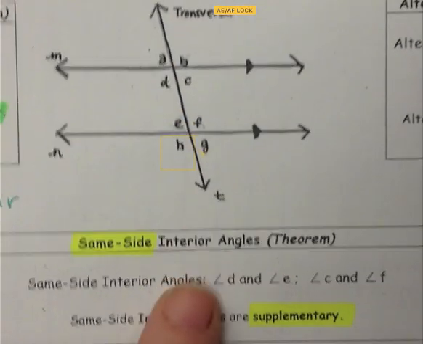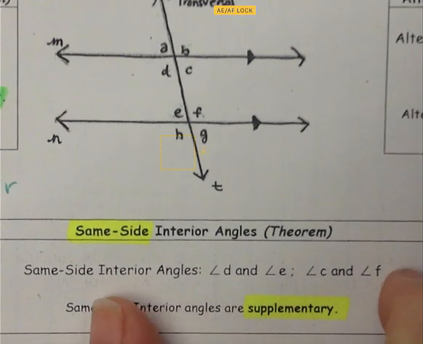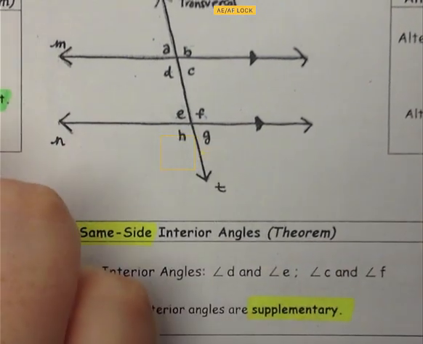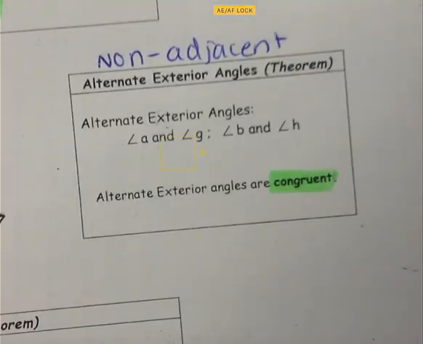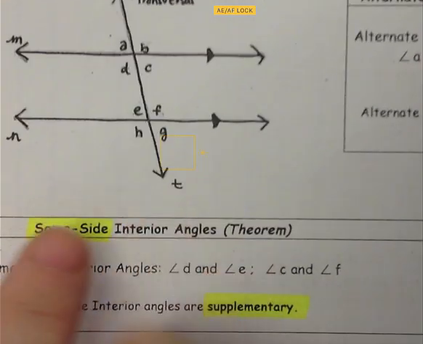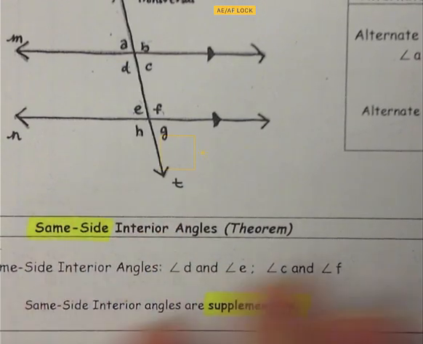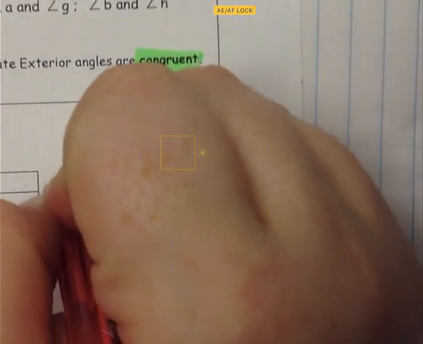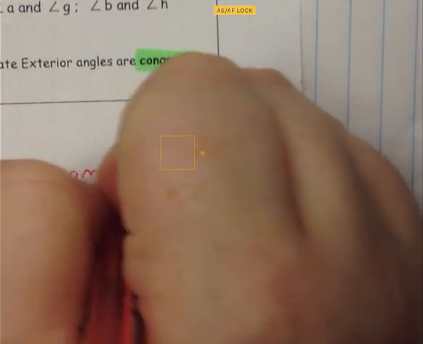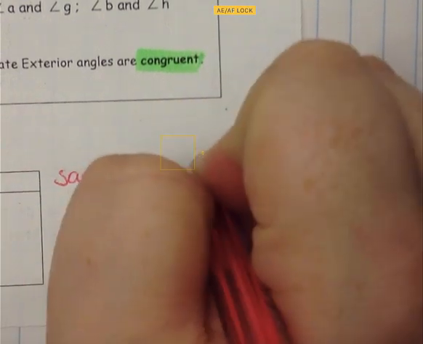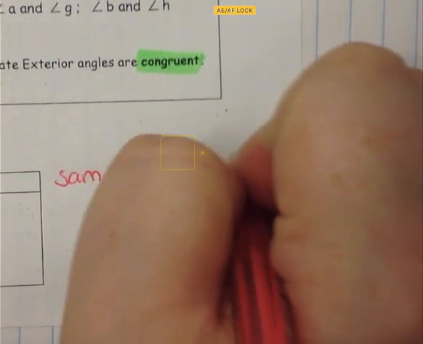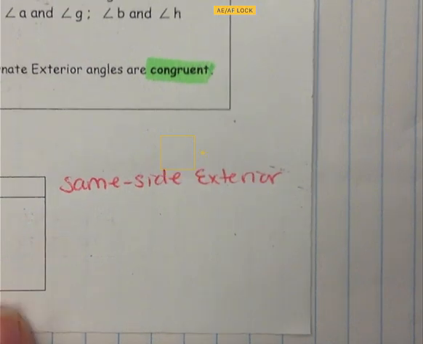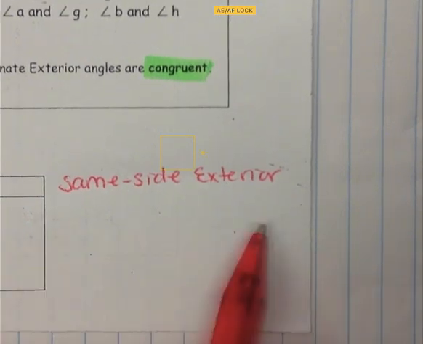Now there is one other angle pair that we don't have on here. If we did alternate interior and alternate exterior, we should have same side interior and same side exterior. So if we write out same side exterior, we need to find the angles that are same side exterior.